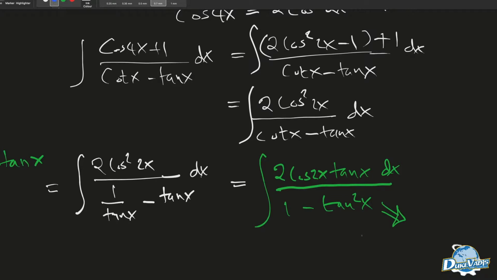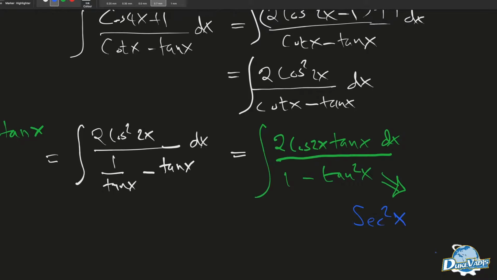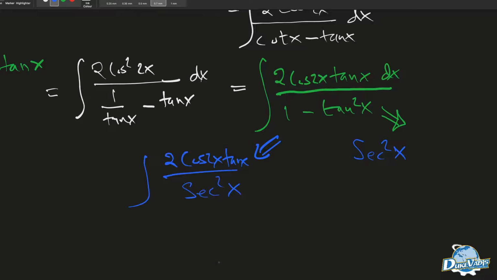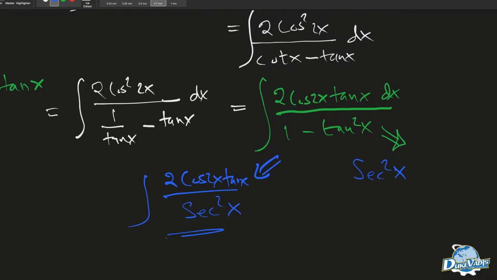So in a nutshell, this integration is 2 cos 2x tan x all over sec squared x. Wow. Are we getting anywhere closer?